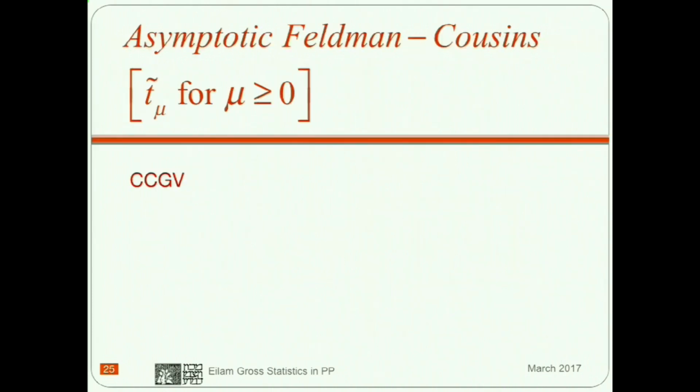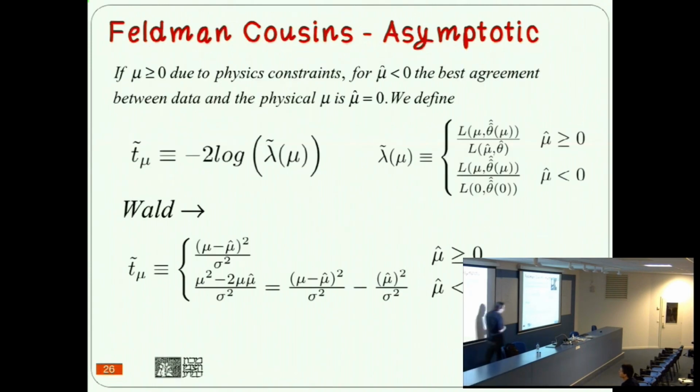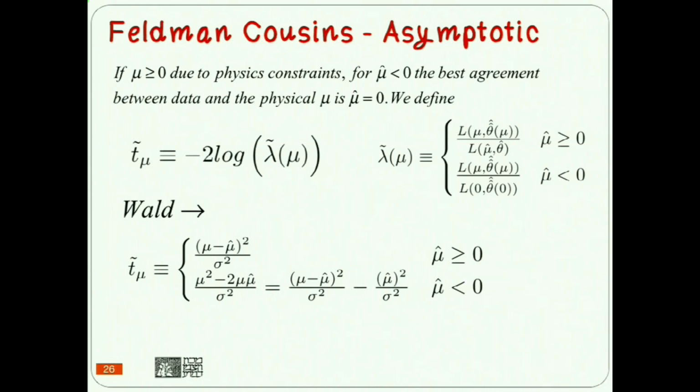Now I will show you how you can get more insight into Feldman-Cousins using the asymptotics. So we use the test statistic which allows only positive signal, which is called t tilde mu. And we use Wald actually to tell us what is the distribution of the test statistic, because once we have Wald, we know how to do it.